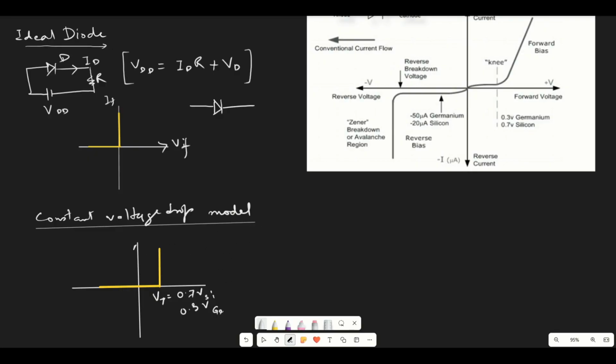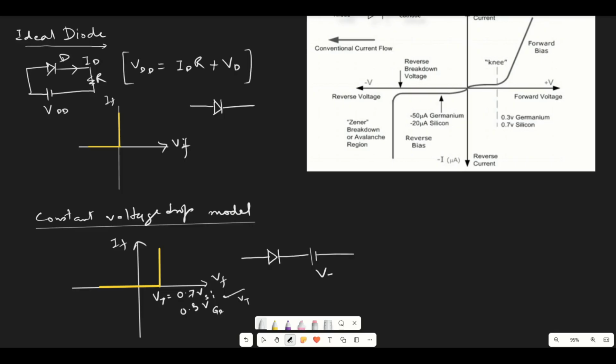So as we can see in this model, if we draw the diode, it will be something like this: an ideal diode with a supply of this value in series. Suppose this value is Vt.